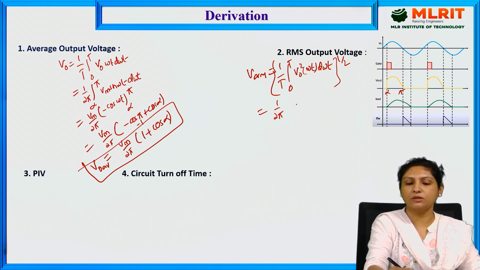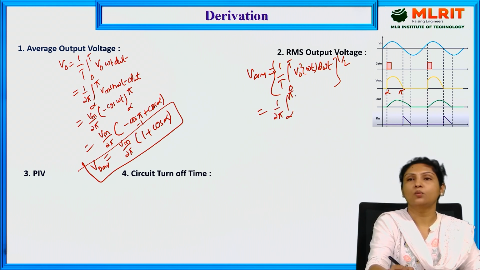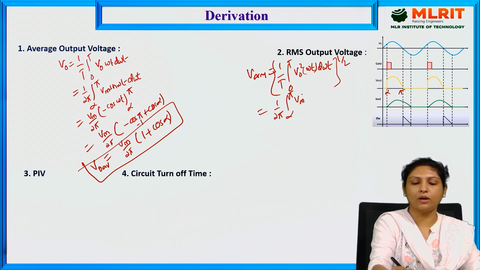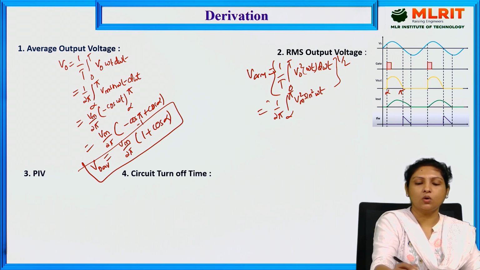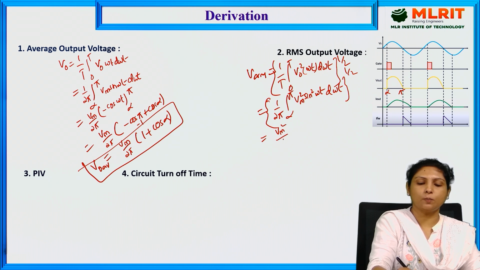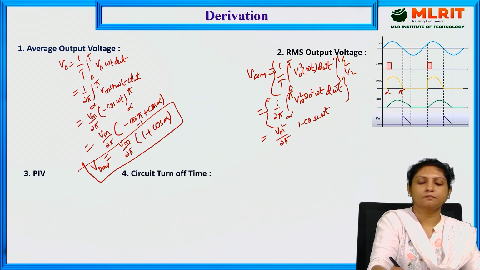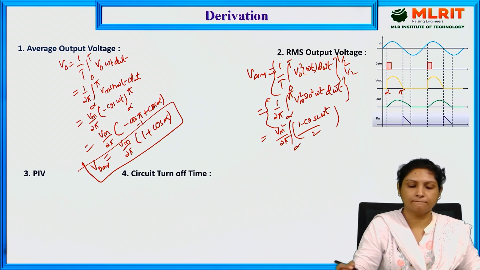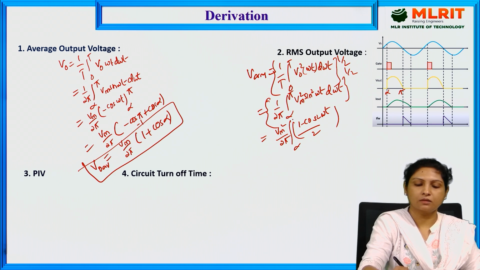The actual waveform is present from alpha to pi, where V0 square is Vm square sin square omega T d omega T, whole to the power of 1 by 2. So Vm square by 2 pi, times 1 minus cos 2 omega T by 2, integrating from alpha to pi.